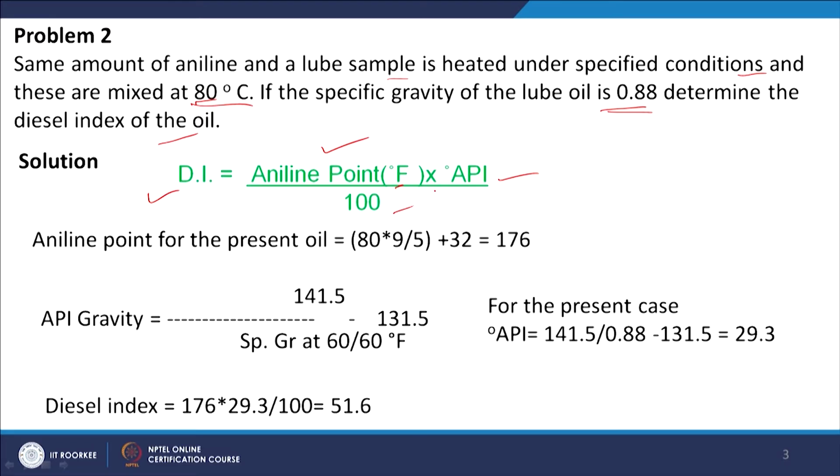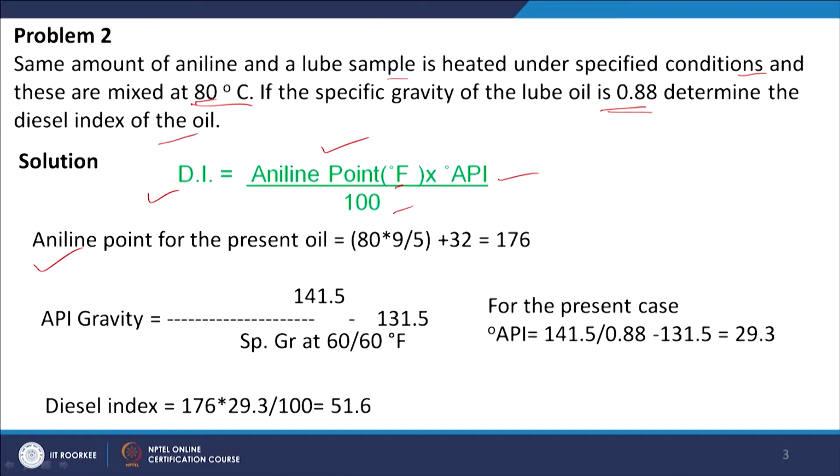Here, the aniline point of the present oil is the temperature at which equal amounts of aniline and oil mix. This is 80 degree centigrade, which is converted to Fahrenheit, giving 176 Fahrenheit. We put this in as the aniline point, and degree API we have to calculate. The specific gravity is given, so we have to calculate the API first.